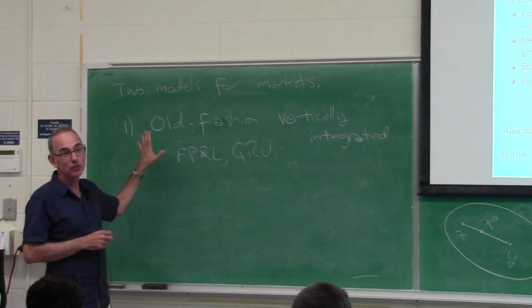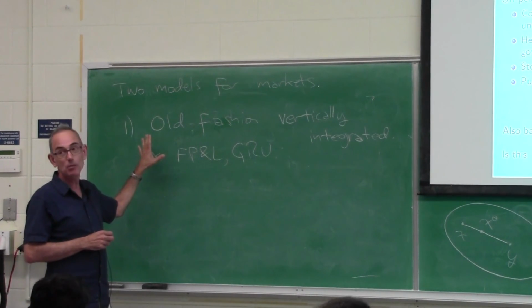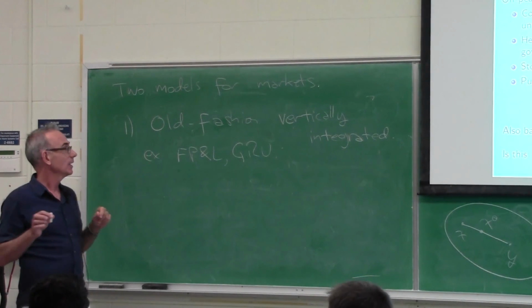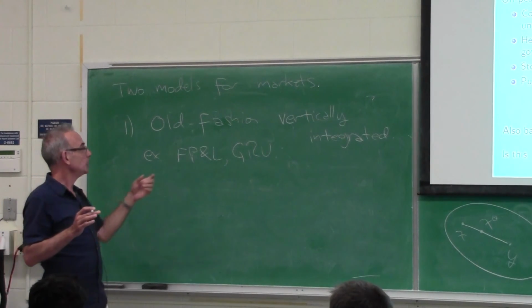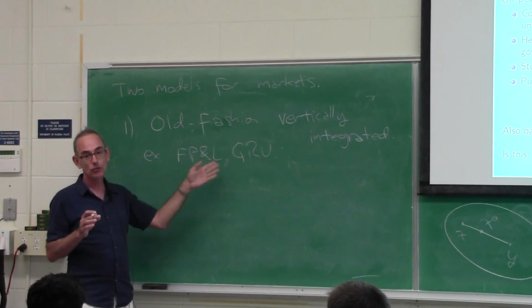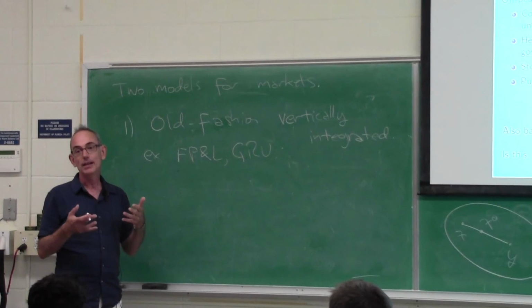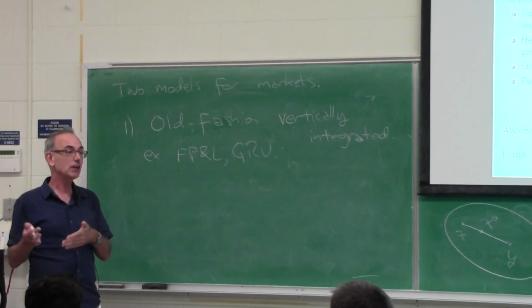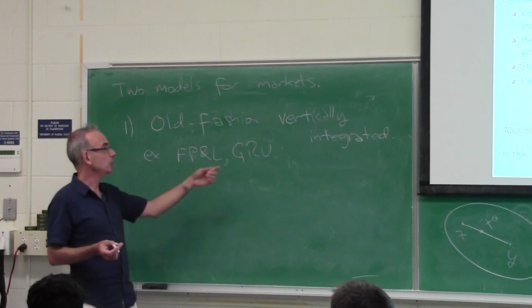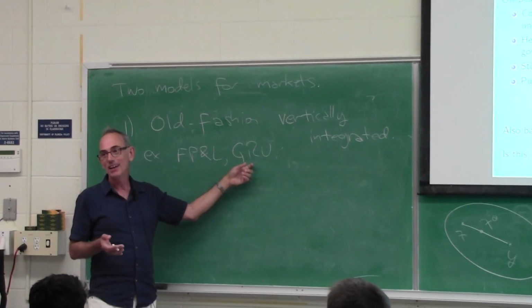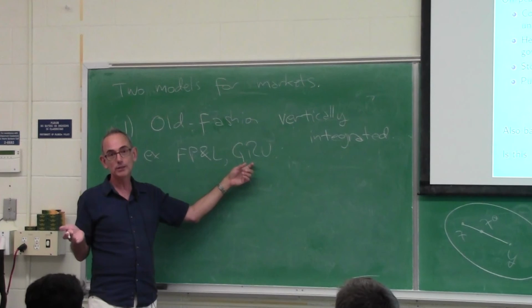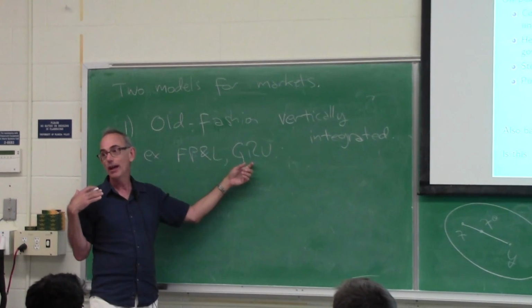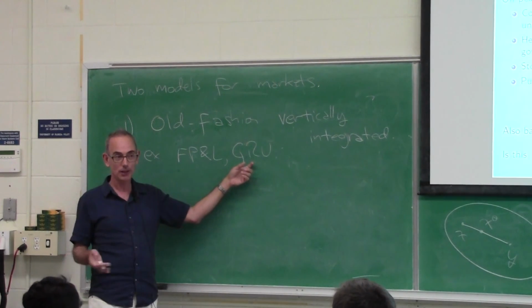There were genuine issues, because sometimes the problem is that the only way for FP&L or GRU to increase their rates is to convince the Public Service Commission, the state government, they've done something good. So GRU does that by saying, hey, the population wants incentives for energy efficiency, incentives for solar, and so forth.